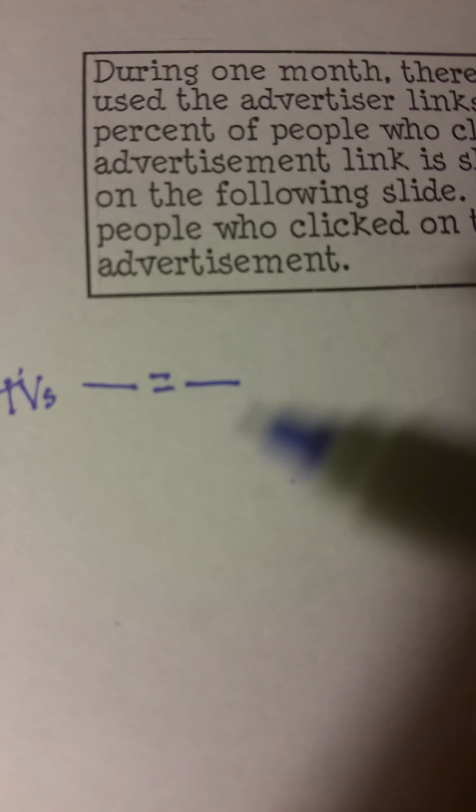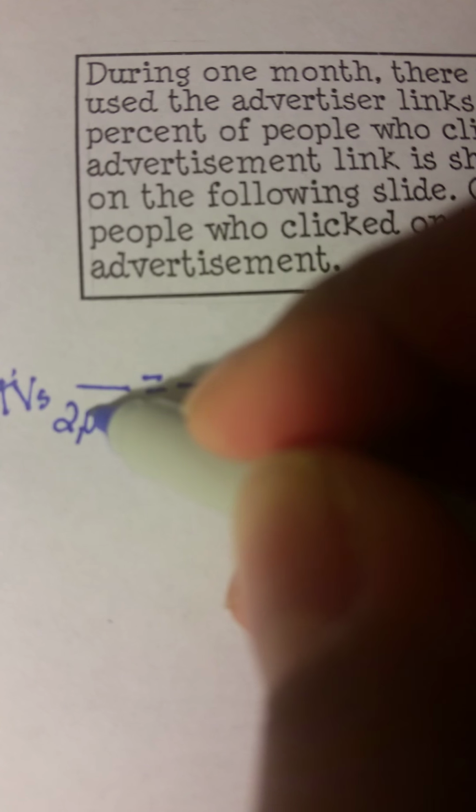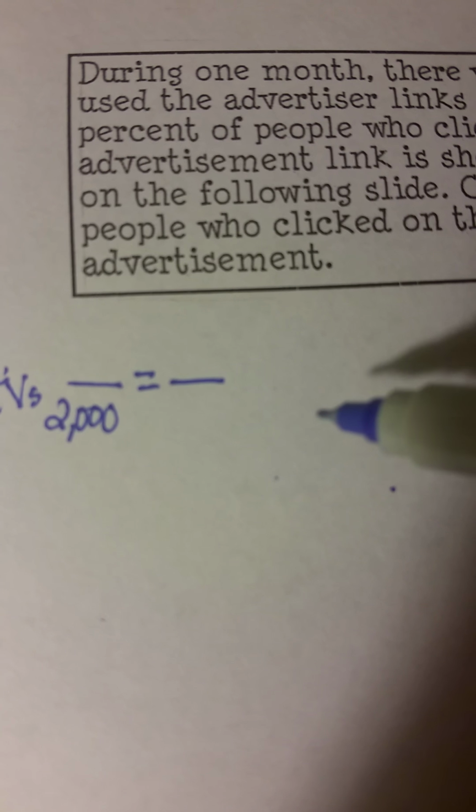And I know that my whole is 2,000. And I have my percent, which is 3%. Okay, and it's always over 100. So that's what we're looking for there.